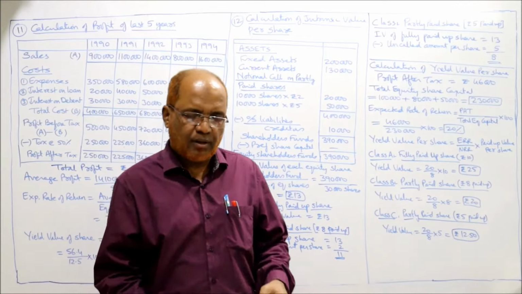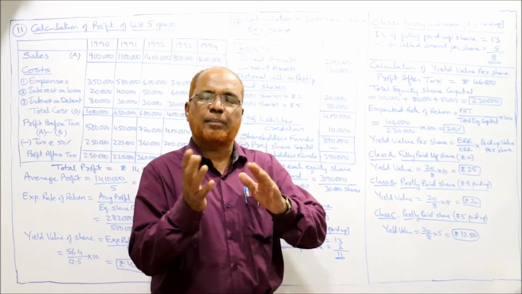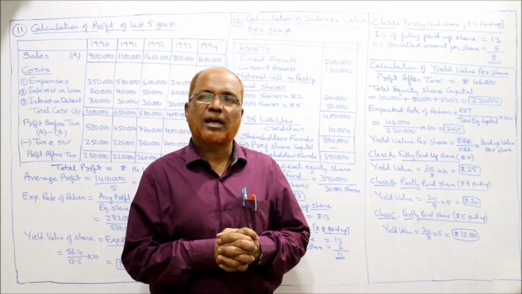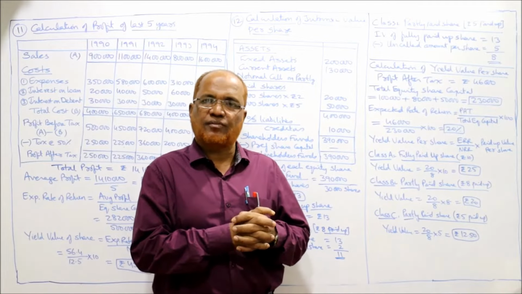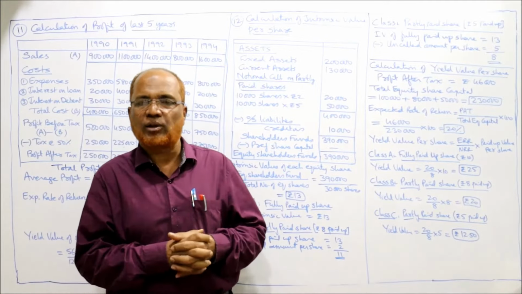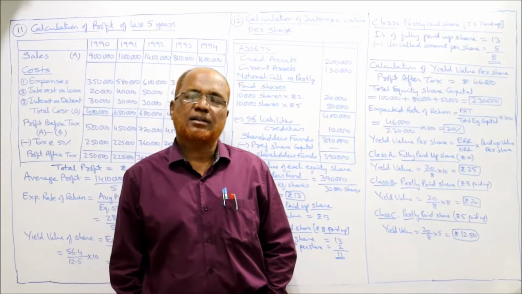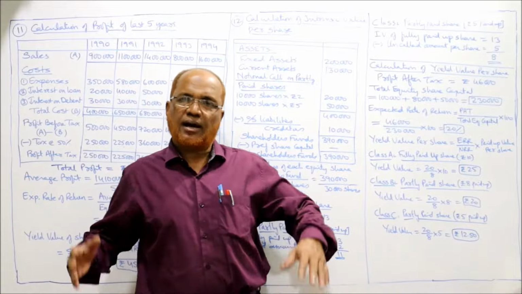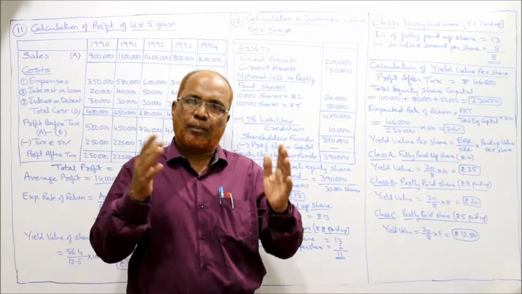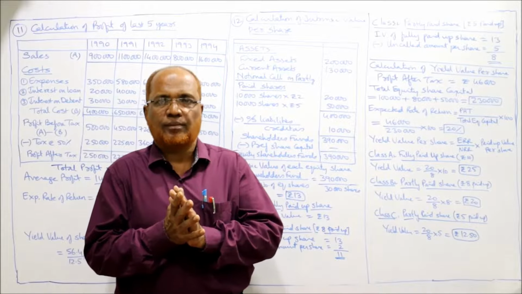Leave out goodwill. Now, first of all, whenever we have different classes of shares, fully paid up and partly paid up, we have to make a notional call. In the theory video I made, the first video, the introduction to valuation of shares, in that explanation I have given how to calculate the value of the share when we have partly paid up and fully paid up shares. If a company has both fully paid up and partly paid up shares, what is the procedure?